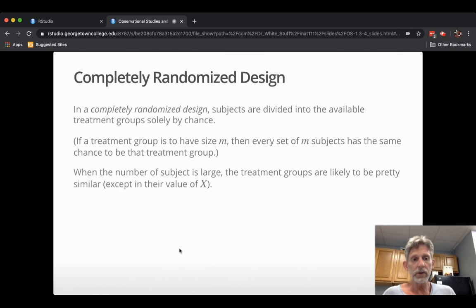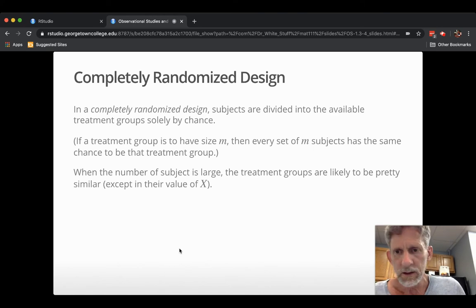There are other ways of designing an experiment where you use stuff other than chance, but you bring those in a way so that it's never just left up to the judgment of an individual researcher who goes where. But we're going to stick with the completely randomized designs where it's totally a matter of chance.